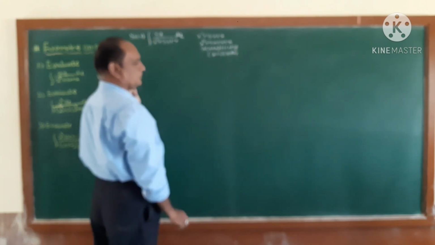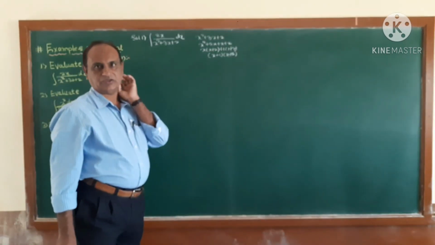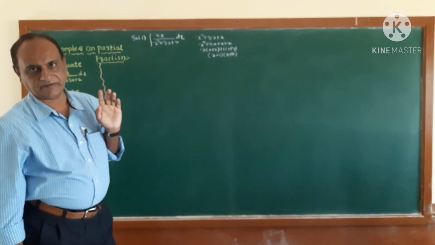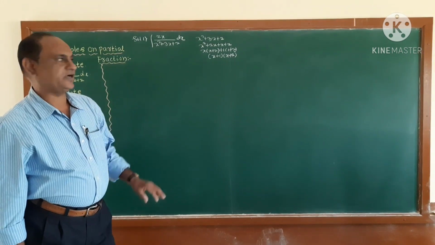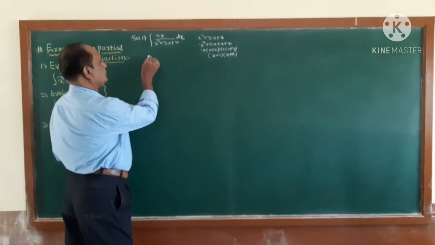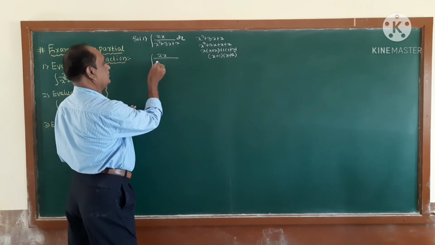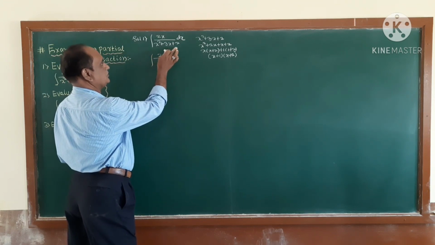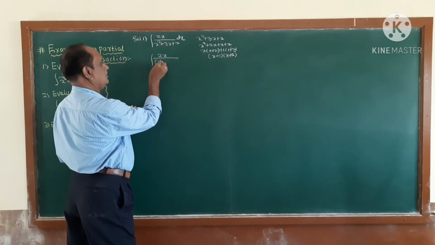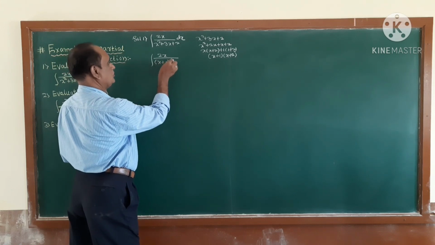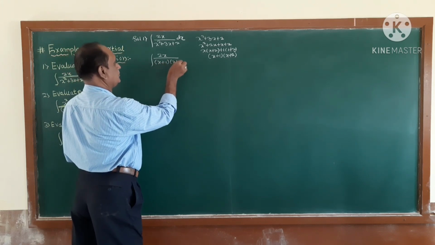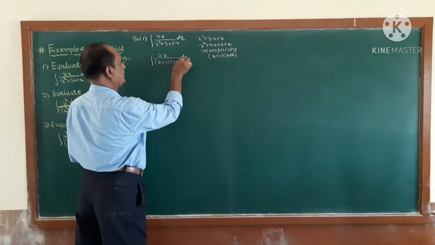So the denominator x square plus 3x plus 2 has to be factorized, and the integral of 2x divided by the denominator, whose factors are x plus 1 multiplied by x plus 2, dx.